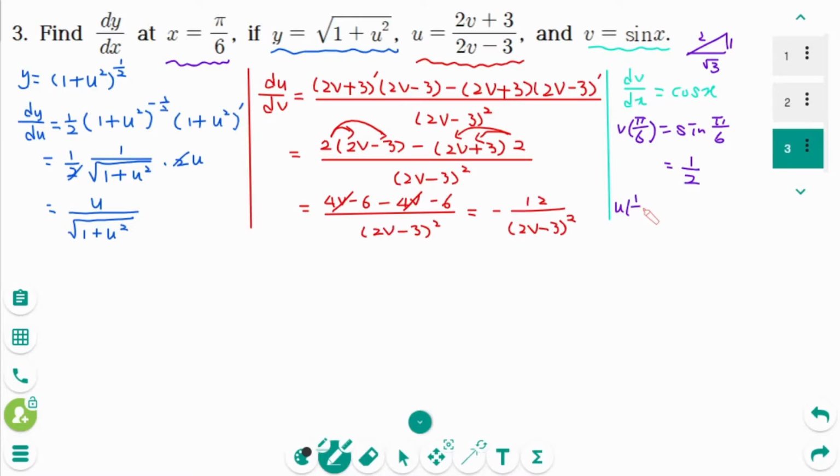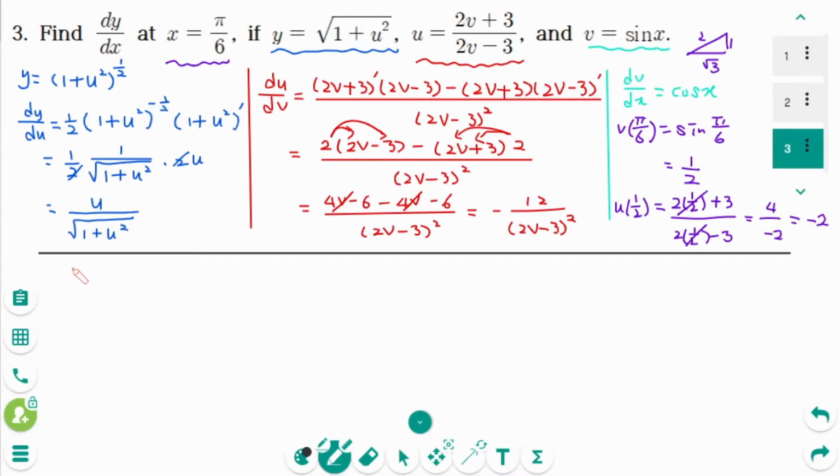Then u equals (2 times 1 over 2 plus 3) over (2 times 1 over 2 minus 3), which equals 1 plus 3, which is 4, over 1 minus 3, which is minus 2. The final answer is minus 2.